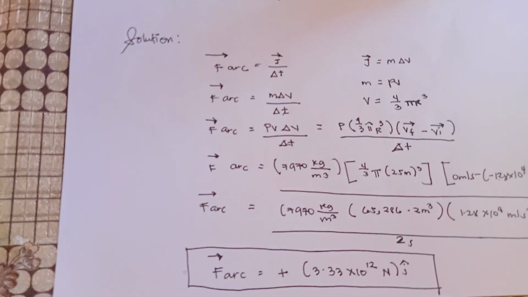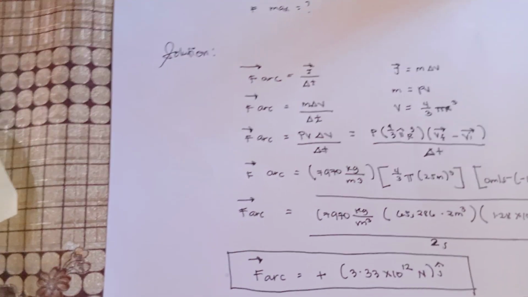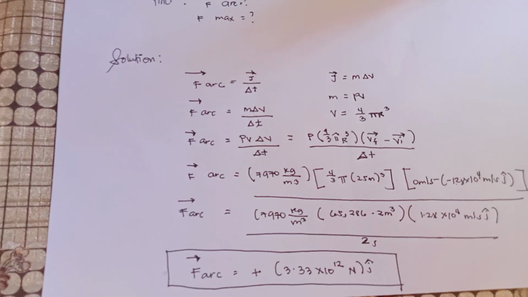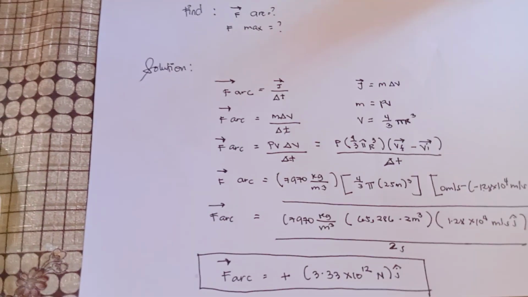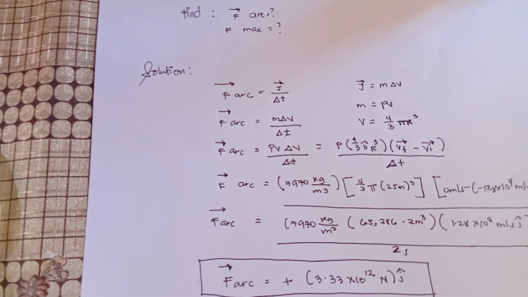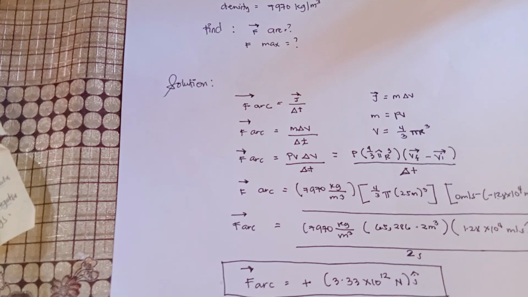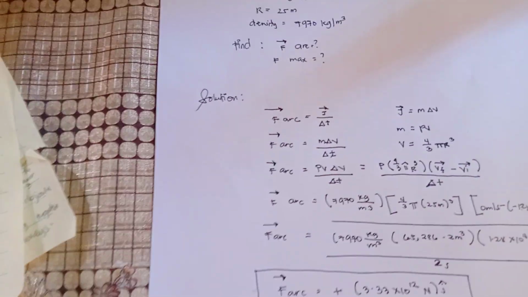Why is the 1.28 negative? Because the meteorite is traveling vertically downward prior to the impact, the initial velocity is always negative.